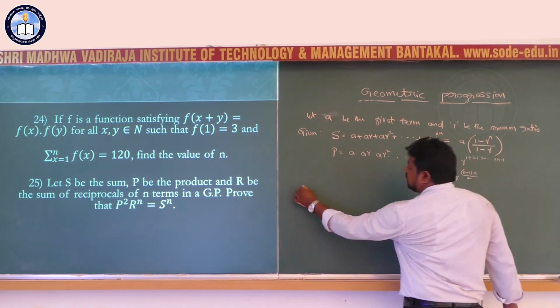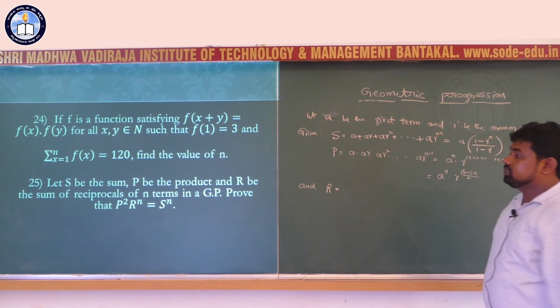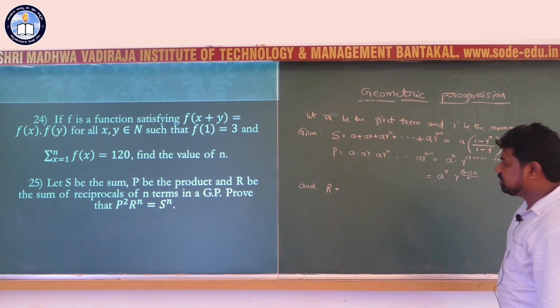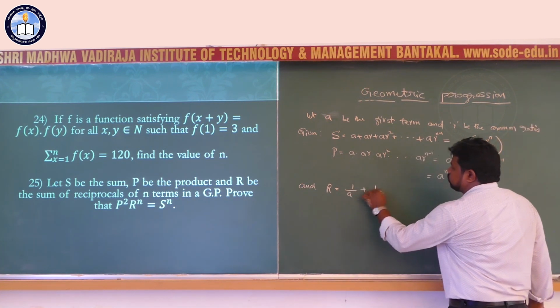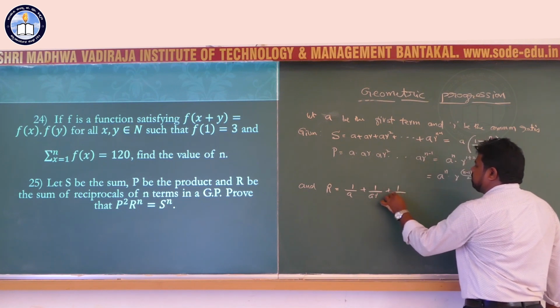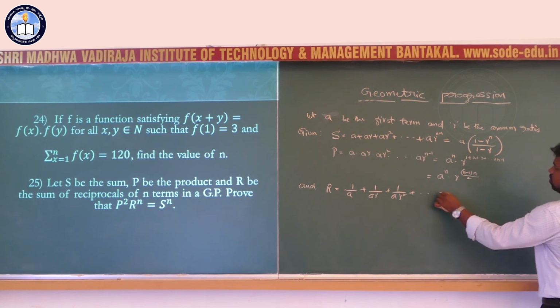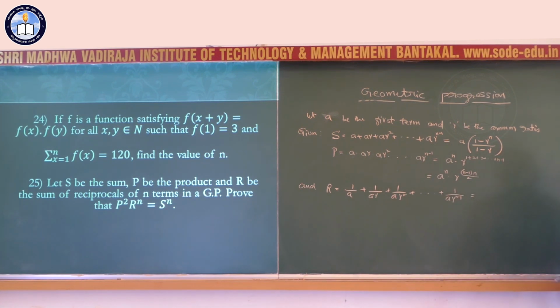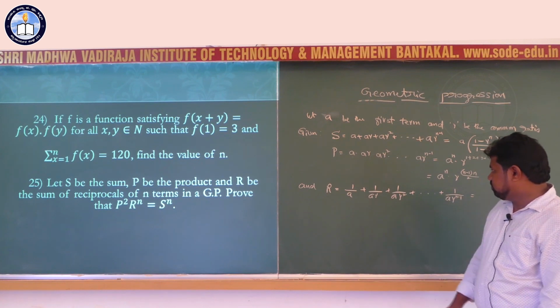And capital R be the sum of reciprocals of n terms of GP. Therefore, that is equal to 1 by A plus 1 by AR plus 1 by AR square up to 1 by A into R power n minus 1. See here, this is also in geometric progression.